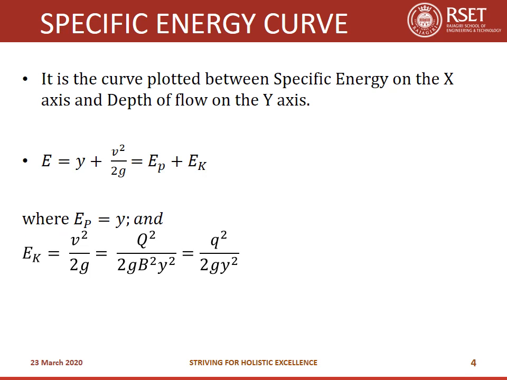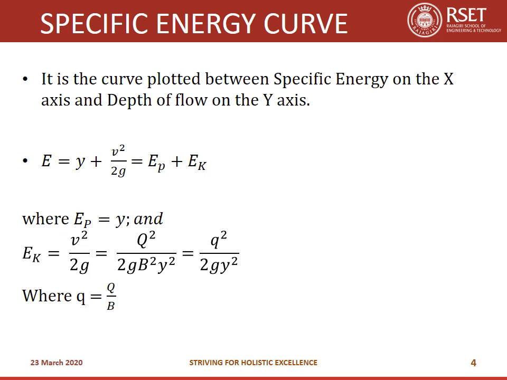So I've substituted V squared with Q squared by B squared Y squared. Now I have taken capital Q by capital B, discharge divided by width, as a term small q. So small letter q is equal to capital Q by capital B. And so EK becomes equal to small q squared divided by 2G Y squared.